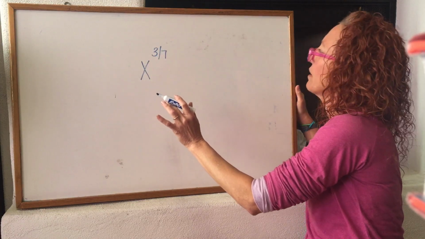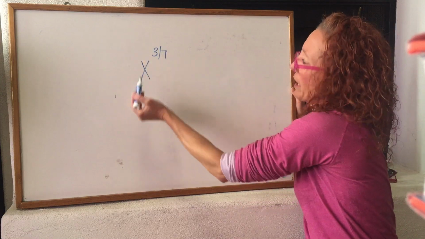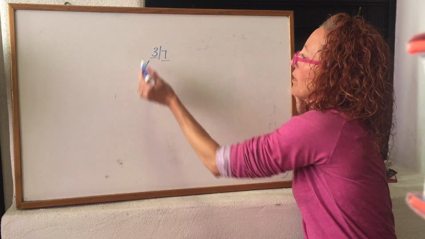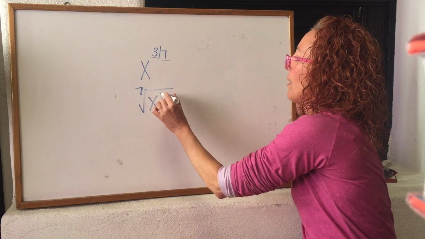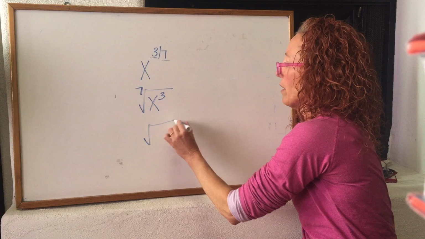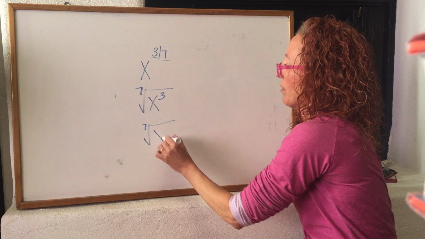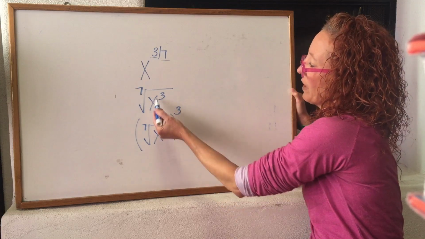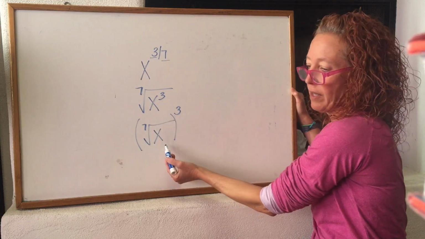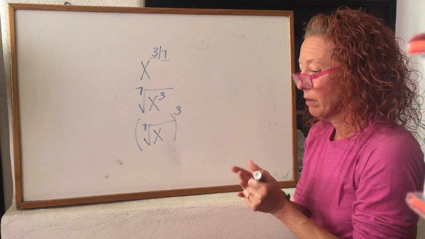Don't let that impact your thinking. It doesn't really make any difference. This is the root, this is the power. So we have the 7th root of x to the 3rd. Or you could write it as the 7th root of x, quantity cubed. Both of these would be acceptable answers because they have the exact same meaning.